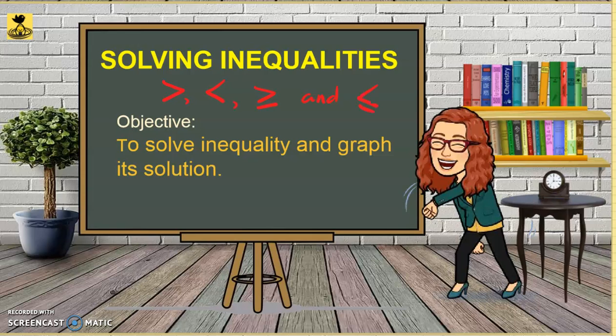We will also be using properties of inequality. These are the addition property of inequality, subtraction property of inequality, multiplication property of inequality, and the division property of inequality. So, let's dive in.